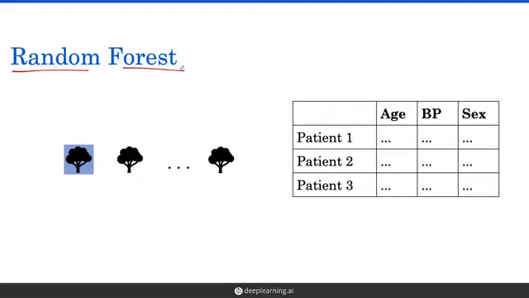There are two key concepts in the training of a random forest. First, each tree in the forest is constructed using a random sample of the patients. For instance, for the first tree, we might draw P1, P2, P1, which can happen because the random forest samples with replacement.